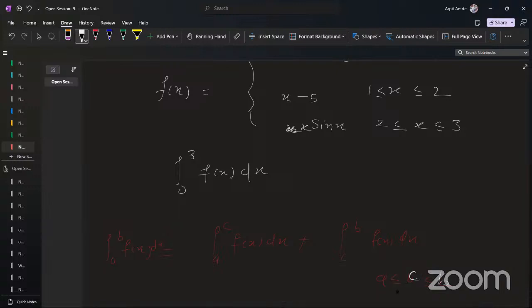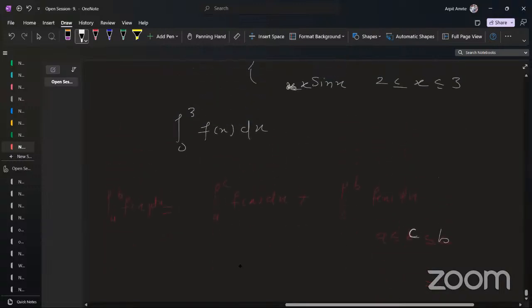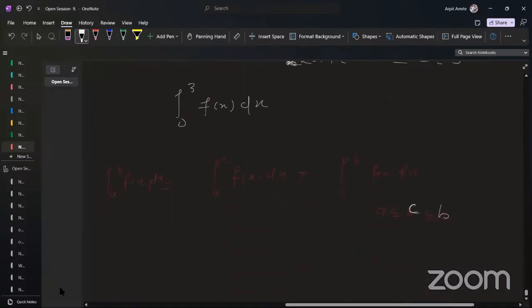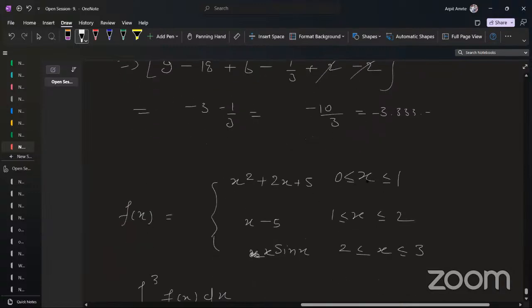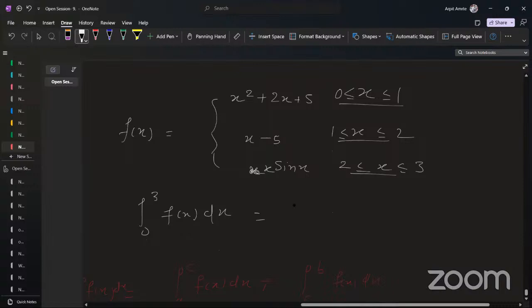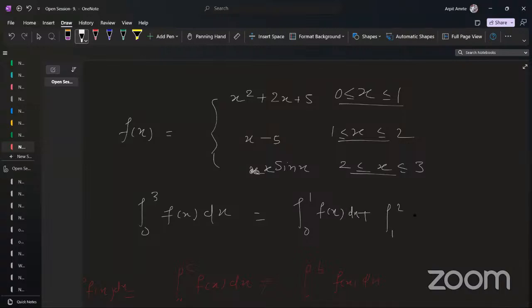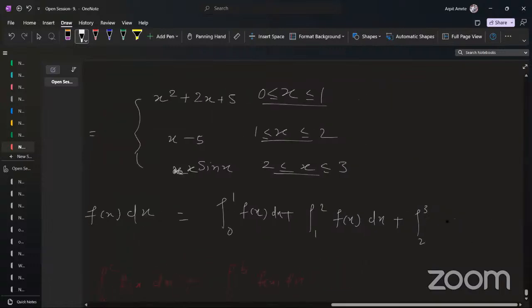Here, since this function is defined differently in these intervals, we can split this whole integral like this: 0 to 1 f(x) dx plus 1 to 2 f(x) dx plus 2 to 3 f(x) dx.